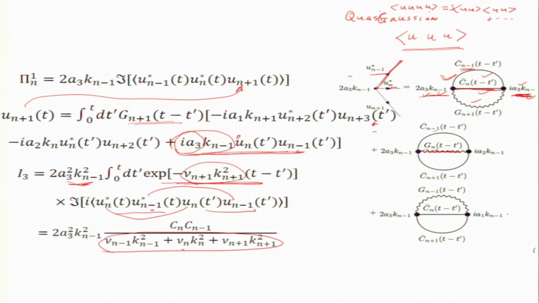From the 2 correlation functions, I will get these guys here, and these are for unequal time, but unequal time correlation is written as a product of equal time correlations, which is C n and C n minus 1. This term is the value of this Feynman diagram, the first Feynman diagram.